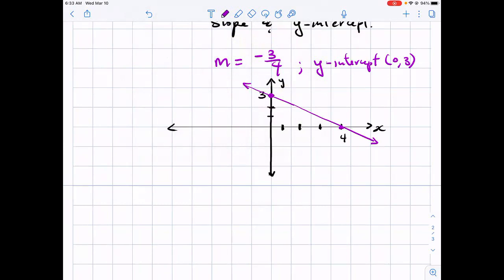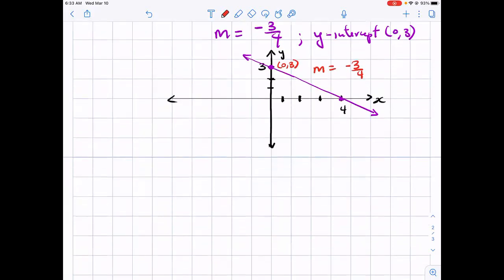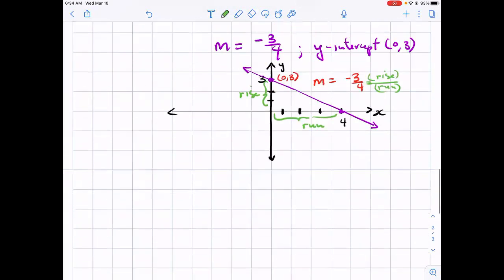Here we know that m is minus 3 over 4, and the y-intercept is the point (0, 3). So remember, this is called the rise, and this here is called the run, because slope is the same as rise over run.